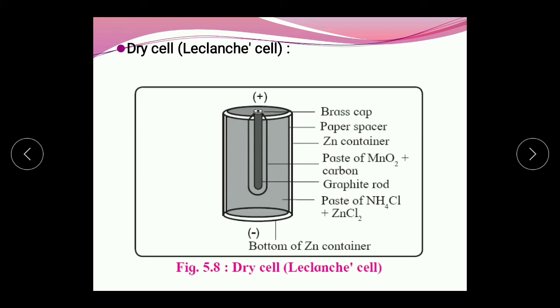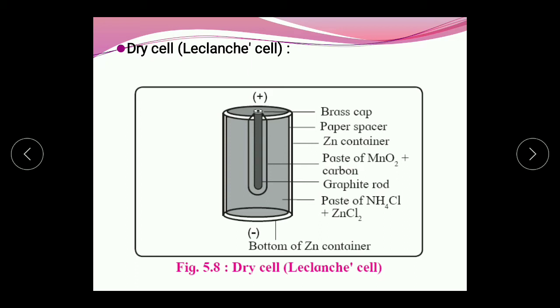Why does it need to be moist? Because, as we know, a redox reaction takes place in this cell, and redox reaction means transfer of electrons, and for transfer of electrons a liquid medium is needed. But if we use any liquid as an electrolyte, it may leak out. As it is called a dry cell, it is not completely dry.